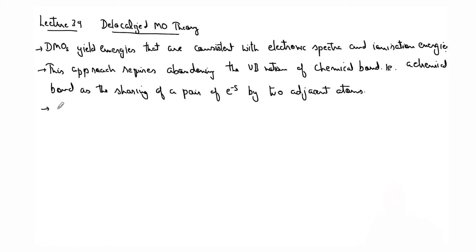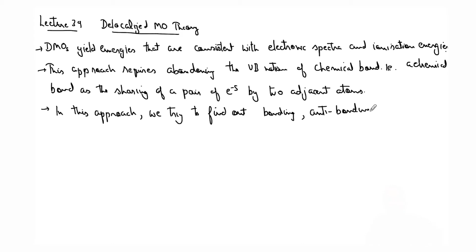So instead of the VB notion, in this approach we try to find out bonding, anti-bonding, and non-bonding orbitals. The aim is still the same, that we need to find bonding, anti-bonding, non-bonding orbitals.